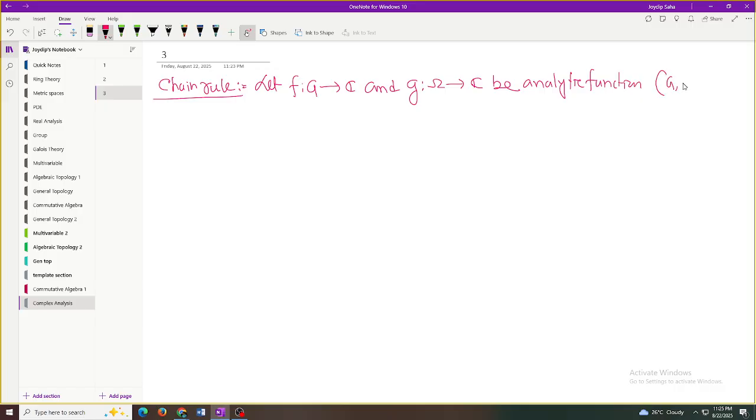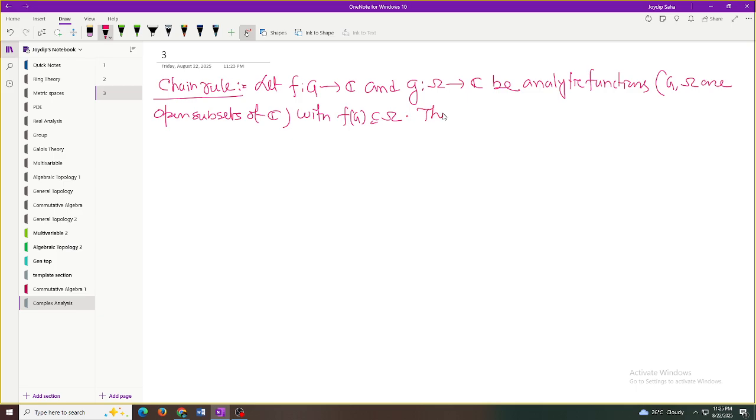Obviously G and omega are open subsets of C, with f of G a subset of omega. So we can define the composition function.